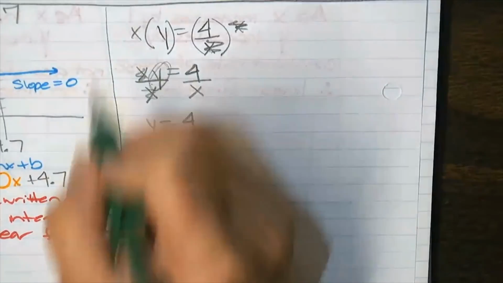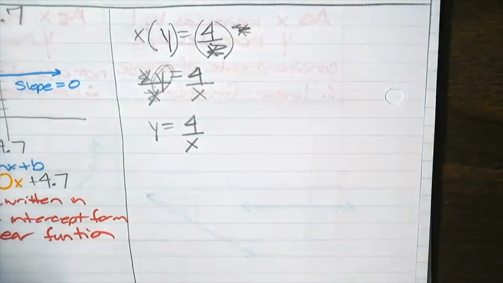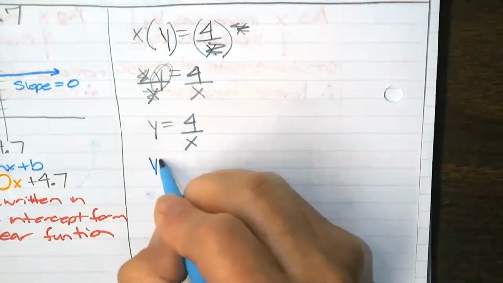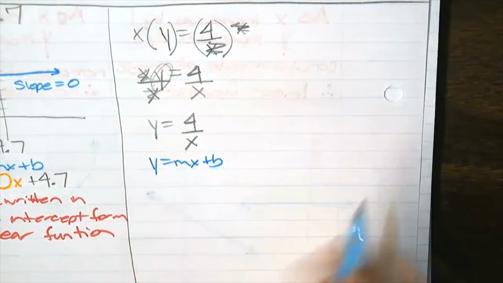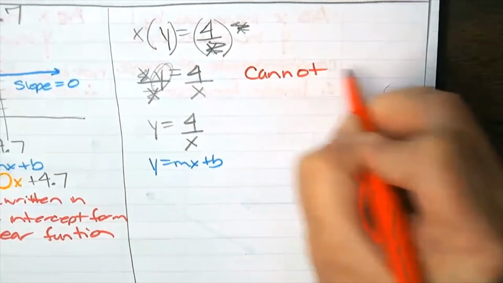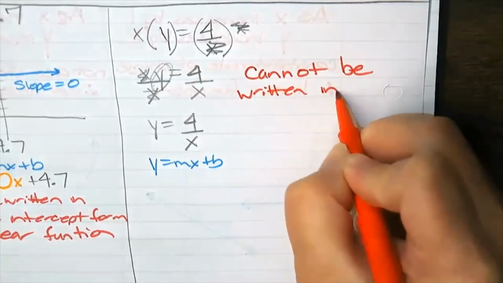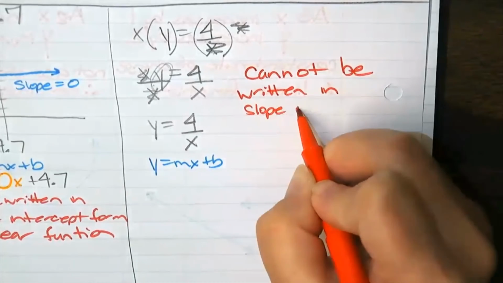All this is circular math. I keep getting the same thing that I have. So I cannot get this to look like this. This cannot be written in slope-intercept form.